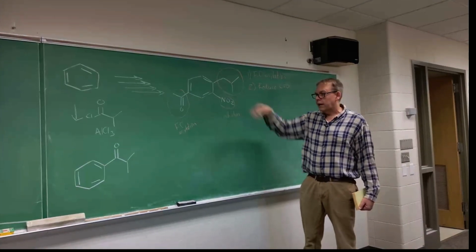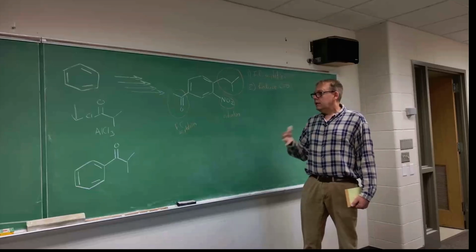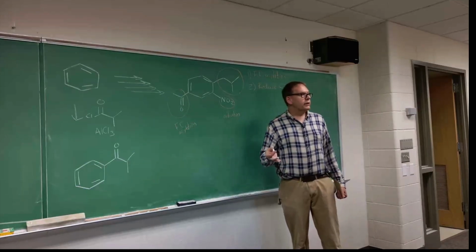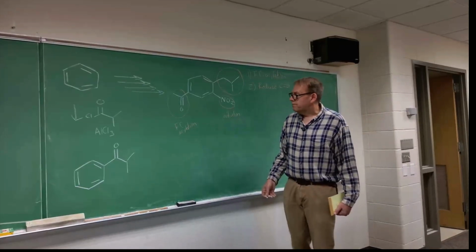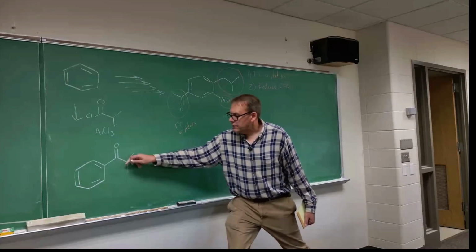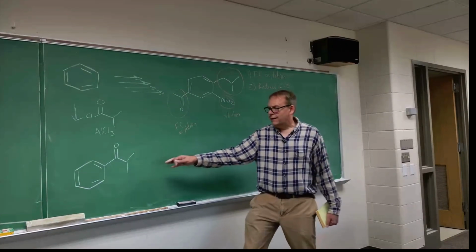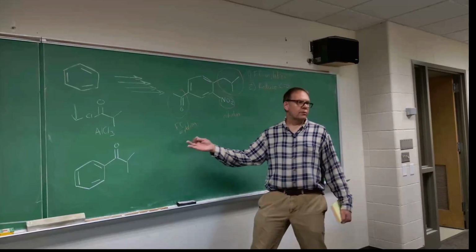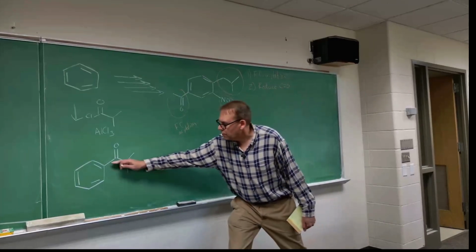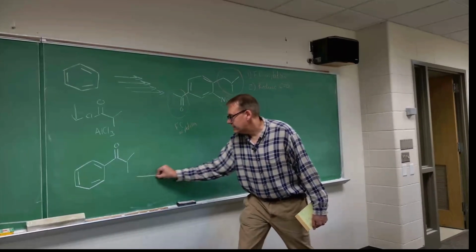It's not quite there yet, but we're going to need to reduce this to get the alkyl group to go forward, because if we left this as is, the Friedel-Crafts reaction to install the other alkyl group wouldn't work, and if we tried to nitrate it, the nitration would go on the wrong spot. So there's just all kinds of things that are wrong about this substituent as it is.